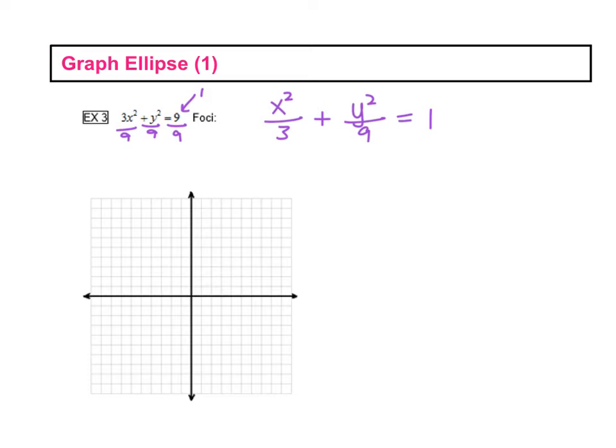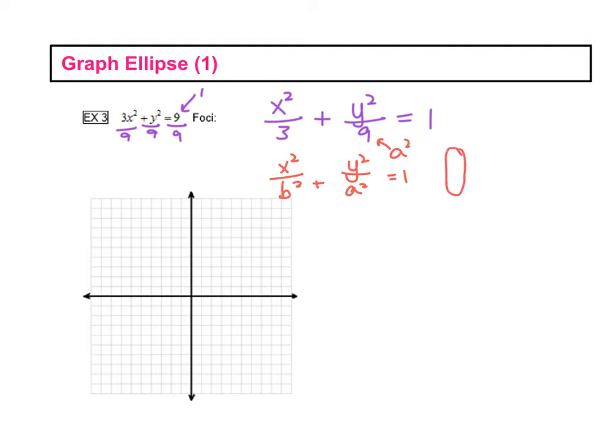Alright, so now if you notice, the bigger number is over here on the right side. So that means that's the a value, that's your a squared. A squared is always the biggest number, so this is x squared over b squared plus y squared over a squared equals 1. So this ellipse is going to be more that type.